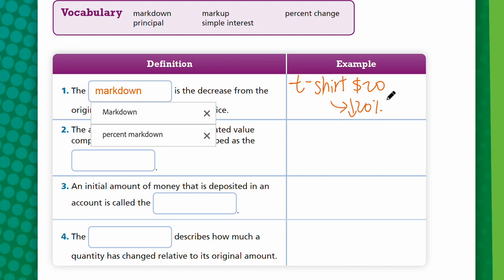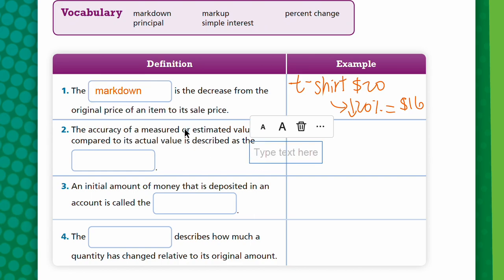And so it's going to be how many? 10% of 20 is 2. So 20% would be $4. So now it's $16. It is an expensive t-shirt, but maybe it's a popular one. Okay, let's look at number 2.